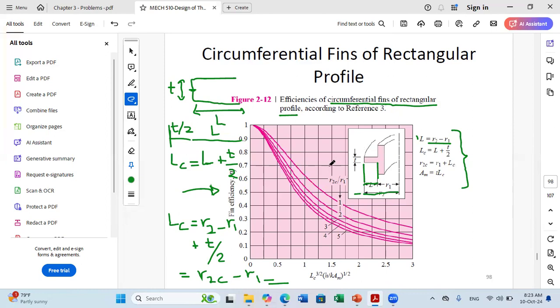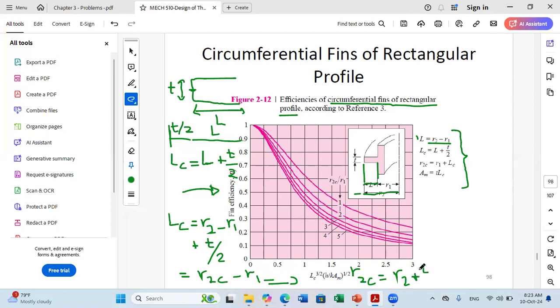And the outer radius of your fin will become R2 plus this small corrected value, which is T over 2. So R2 corrected is equal to R2 plus T over 2.